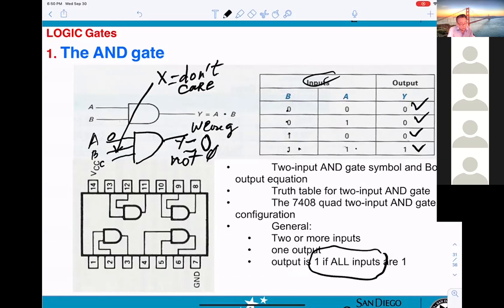For troubleshooting, when you get the output wrong, what you need to do is check whether you get the right input or not. Okay? If you get the right input and the output is not working, that gate is not working.